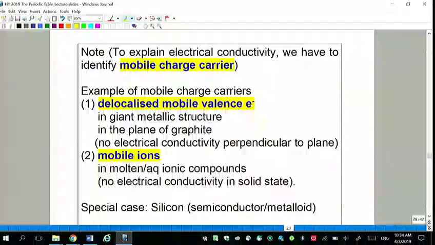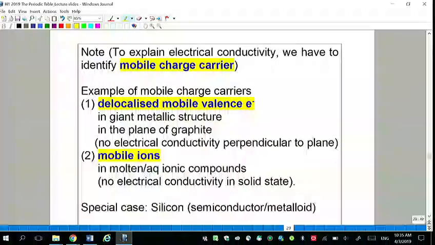In a giant metallic structure or in a plane of graphite, it is delocalized mobile valence electrons. For ionic compounds, it is generally mobile ions. Just take note that ionic compounds need to be either in aqueous solution or in molten state. Ionic compounds do not conduct electricity in solid state.